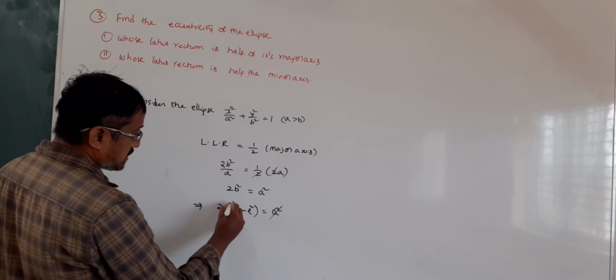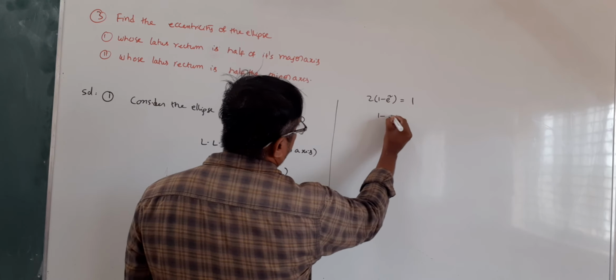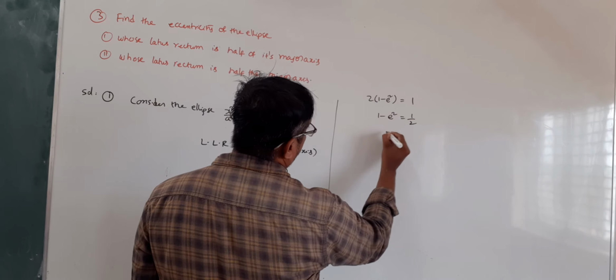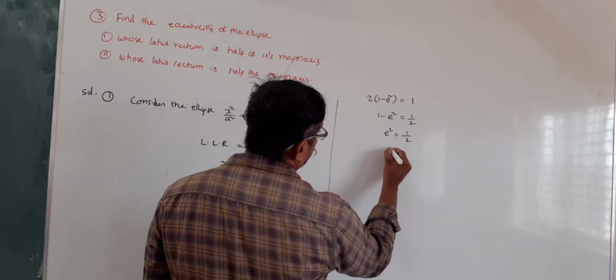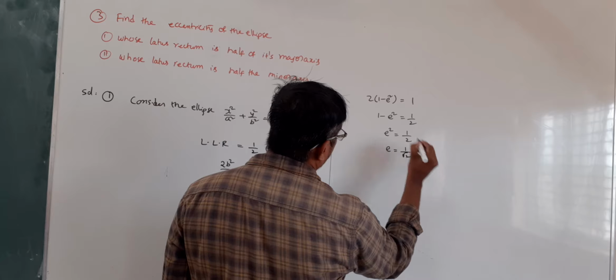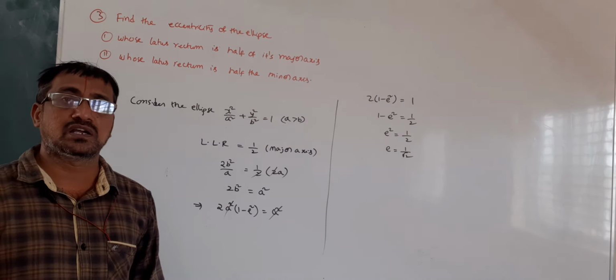So 2 into 1 minus e square is equal to 1. 1 minus e square is equal to 1 by 2. e square is equal to 1 minus 1 by 2, that is 1 by 2. e is equal to 1 by root 2. That is the eccentricity of the ellipse.